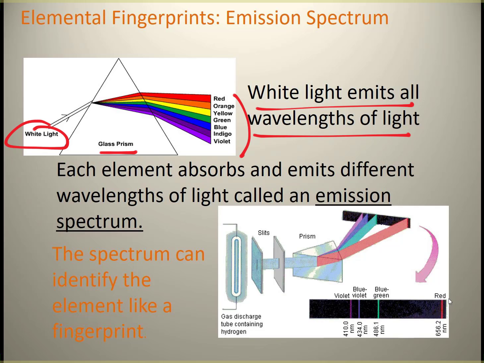If I were to take that white light and shine it through an element, so if I put my element right here and shine the white light through it, when you take the prism, you would see definite bands right here at the bottom. You would see different bands of color. That emission spectrum can act like a fingerprint. It can identify what element you have that's in this gas.